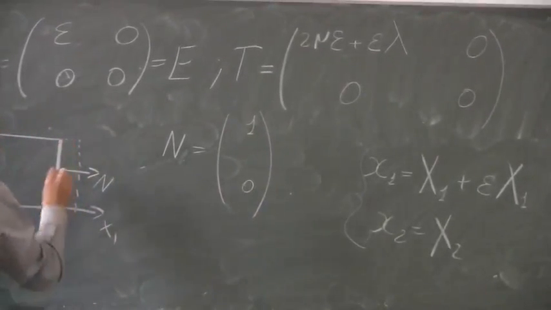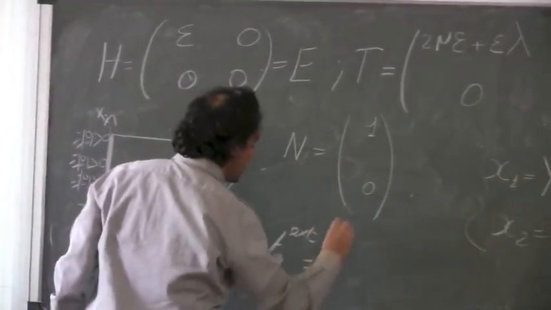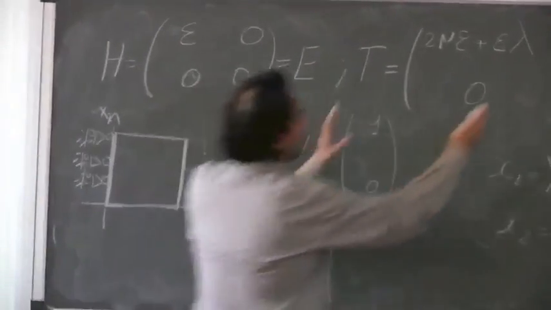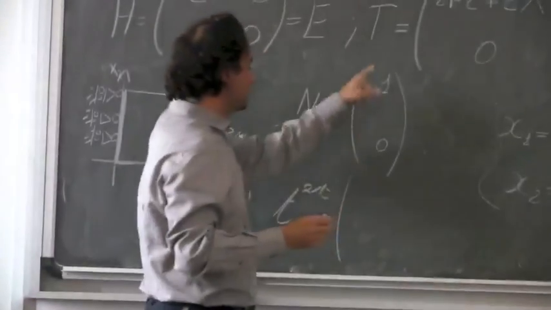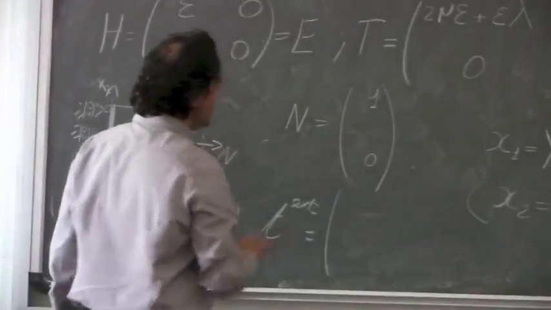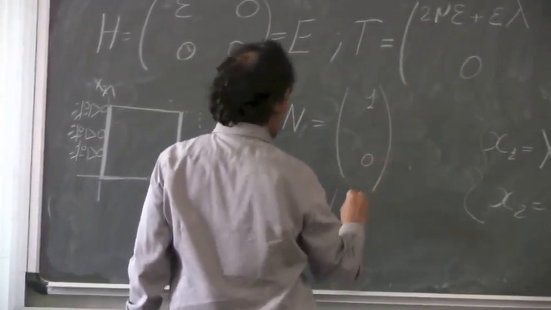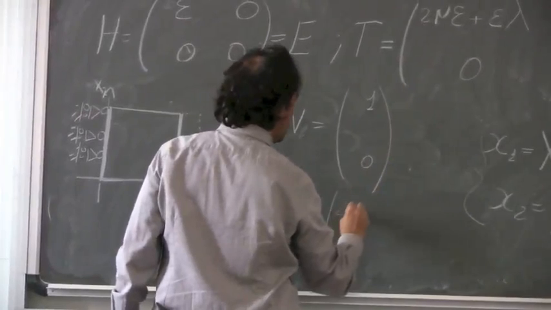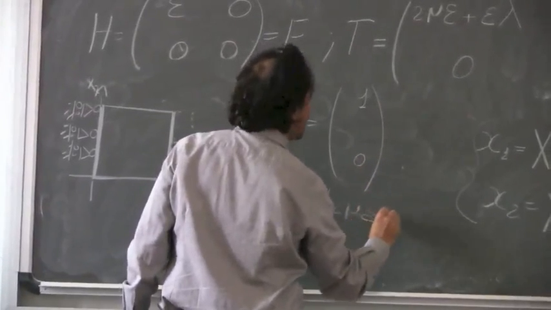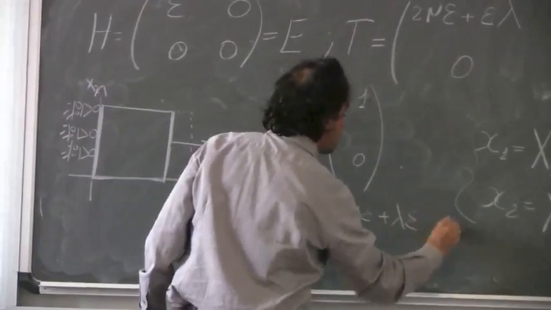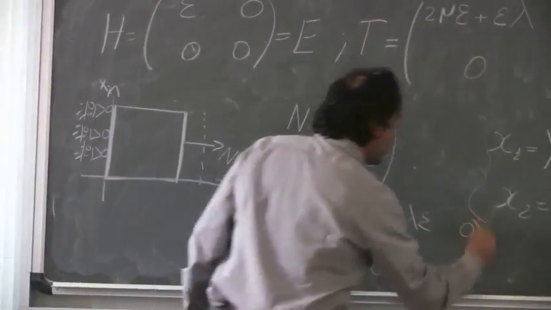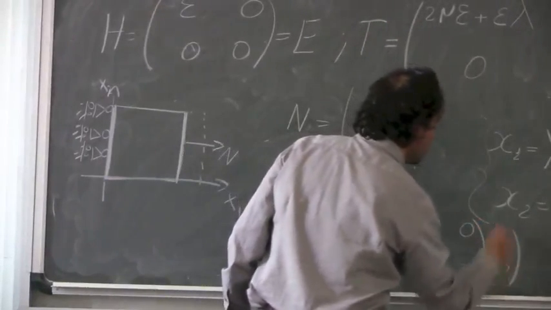That means that here we have an external force that is equal to this multiplied by this. So we have 2 mu epsilon plus lambda epsilon, 0, 0, 0 applied to 1, 0.